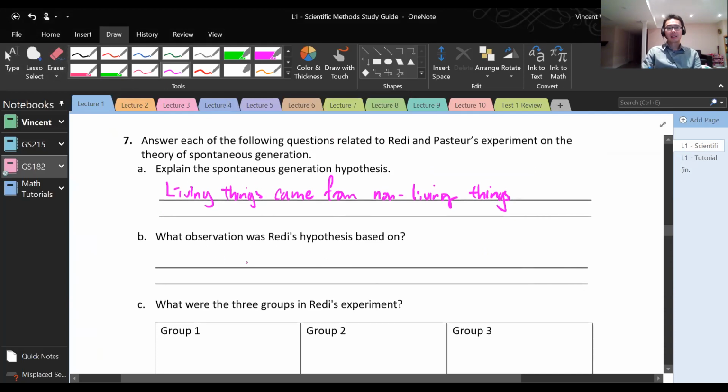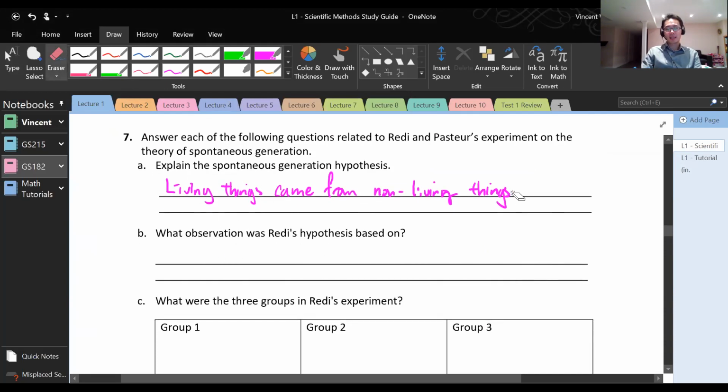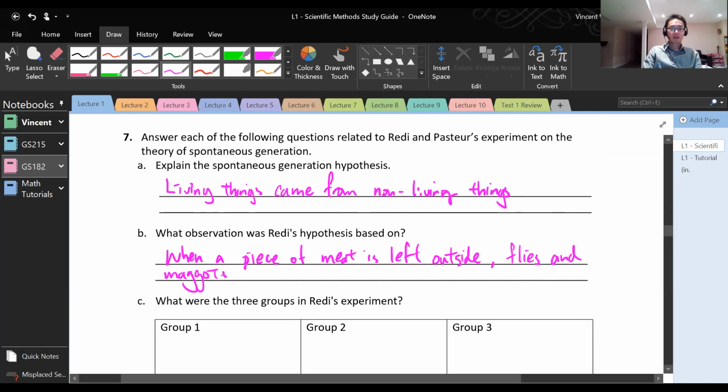An observation that supports that is when a piece of meat is left outside, flies and maggots will appear on the meat.